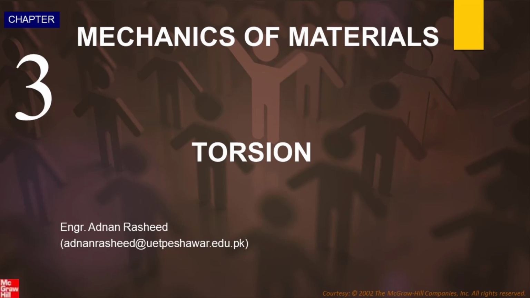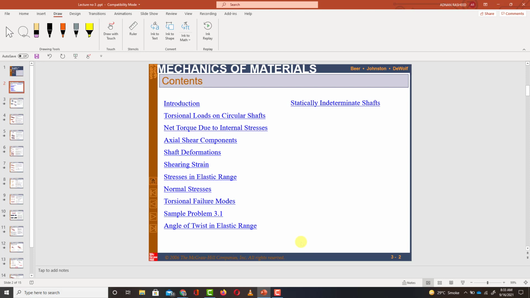Thank you. Okay, let's start with chapter number 3, that is about torsion. In this chapter we will study about introduction, torsional load on circular shaft, net torque due to internal stresses.